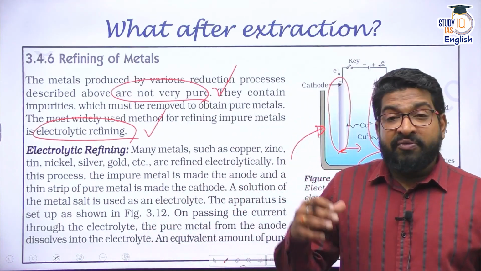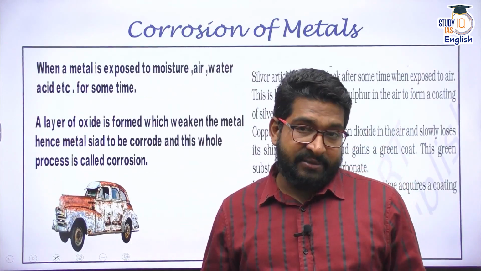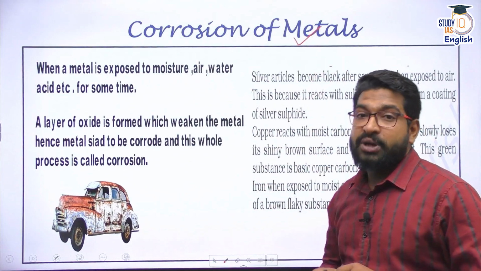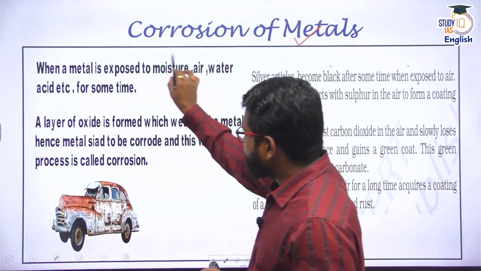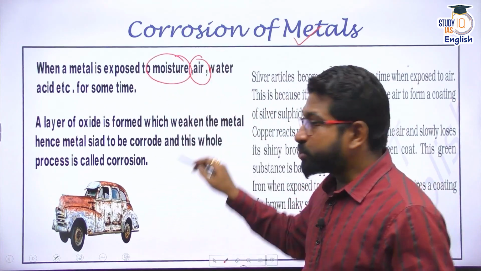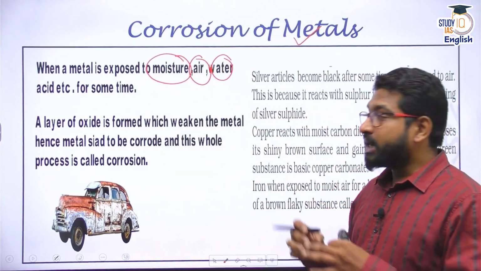Now, these metals have to be protected. Why? Because metals corrode. Corrosion is a process wherein a metal, when exposed to moisture, that means humidity, or to air, water, or acid, slowly and steadily corrodes.